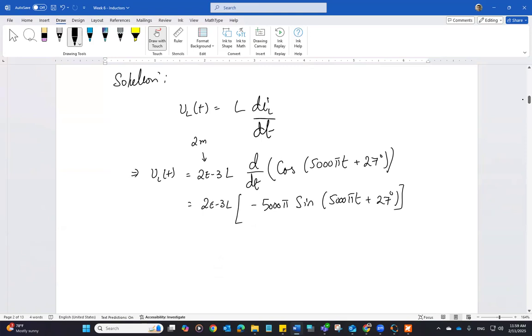One important thing: make sure you change this to radians before you plug in the value of time, because half of your angle is in radians, 5000 pi t, and half is in degrees. You cannot add degrees into radians, so convert the degrees into radians first, and then add.